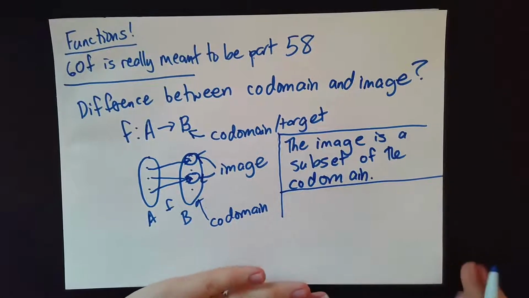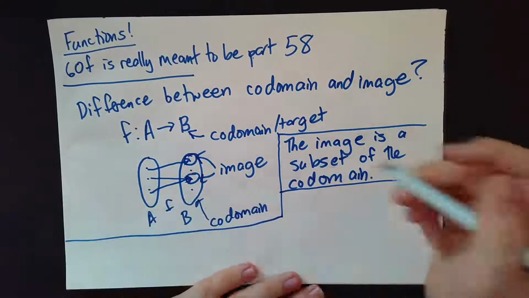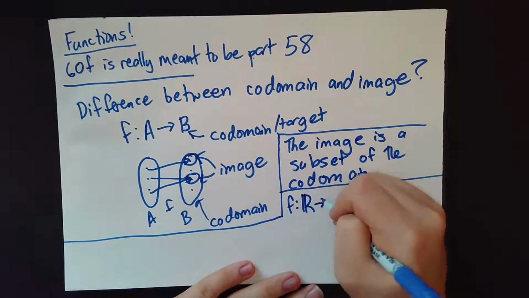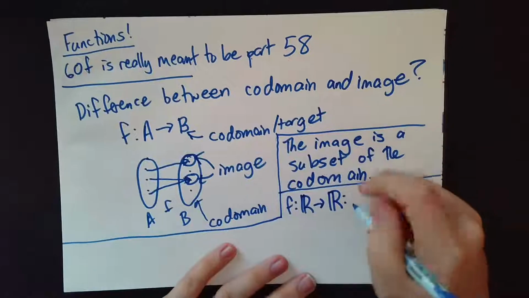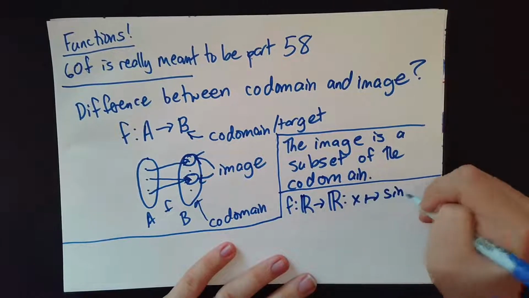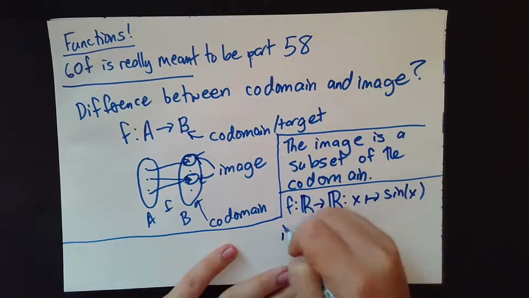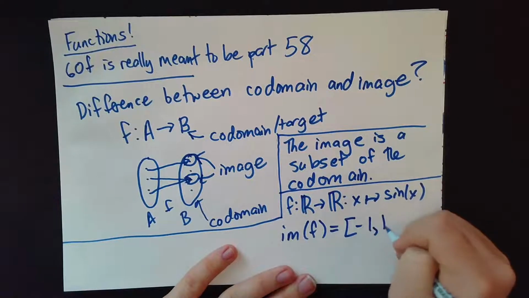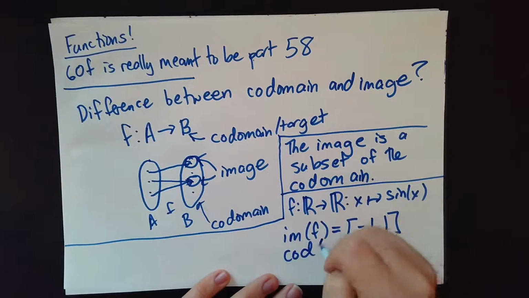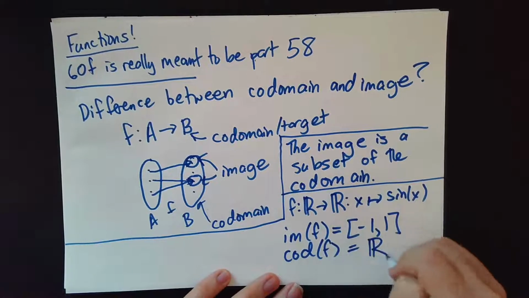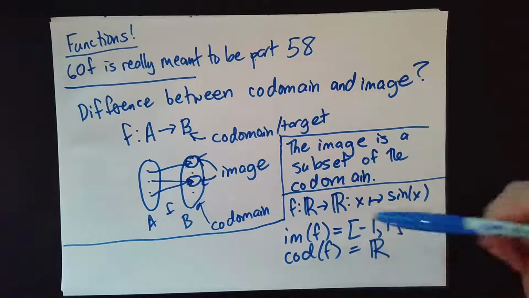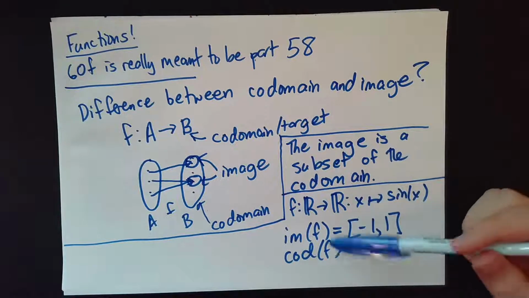If, for example, I took this function from R to R that takes x to sine of x, the image of f here is the closed interval from -1 to 1, but the codomain of f is all real numbers. And 2 is an example of an element that is in the codomain.